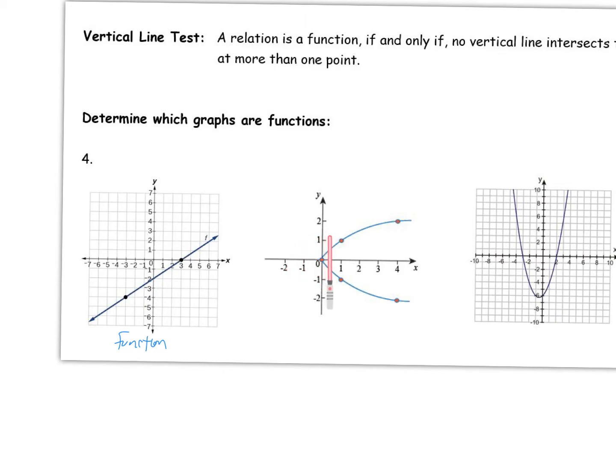But notice now, my graph hits at 2 points at the same time, starting from basically all the way at the start of the graph. I'm hitting 2 points at a time. The second you hit your graph in more than one place with the edge of the lightsaber or a straight edge, this is no longer a function, because you have x values, as you can see here and here at 1, repeating themselves.